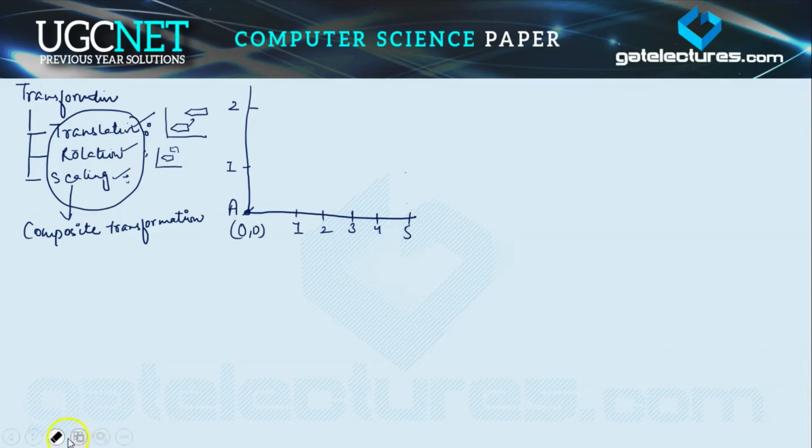So it looks something like this. This is the B point, and let's suppose this is 1, 2, 3, 4, 5. Okay, so this is a rough diagram. This is triangle A, B and C.